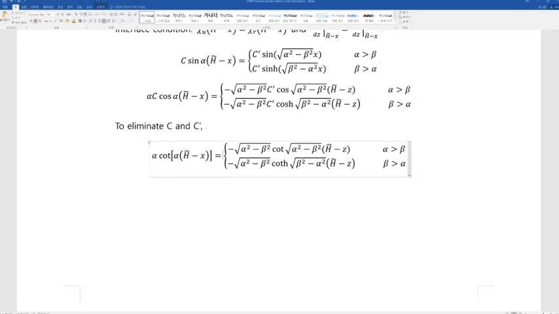So what should we do with these equations? Well, in this state, it will not be easy to arrive at the final solution.